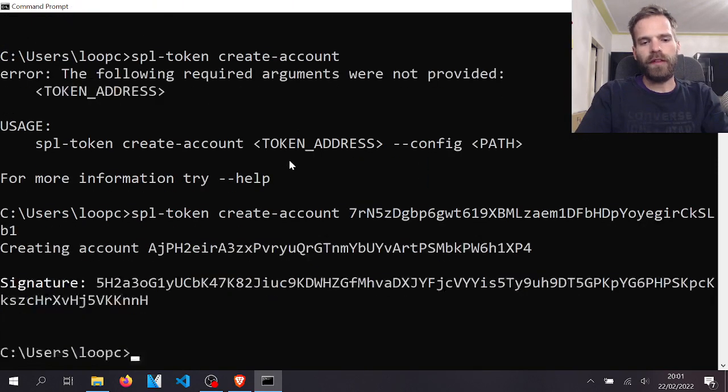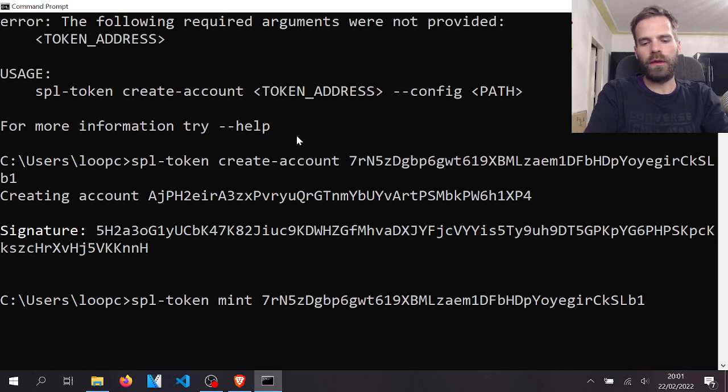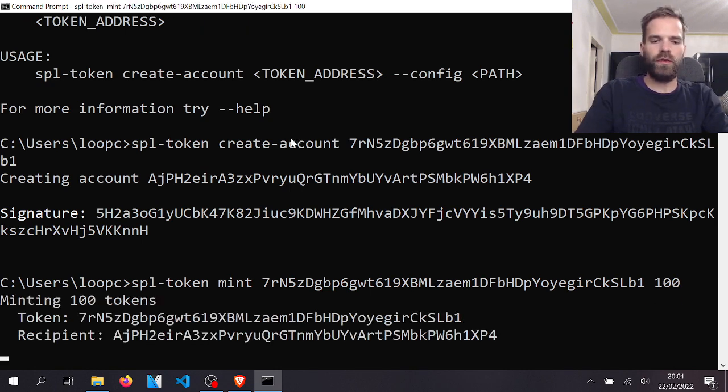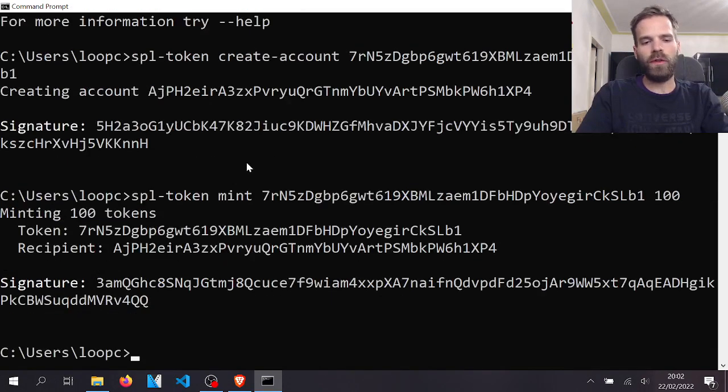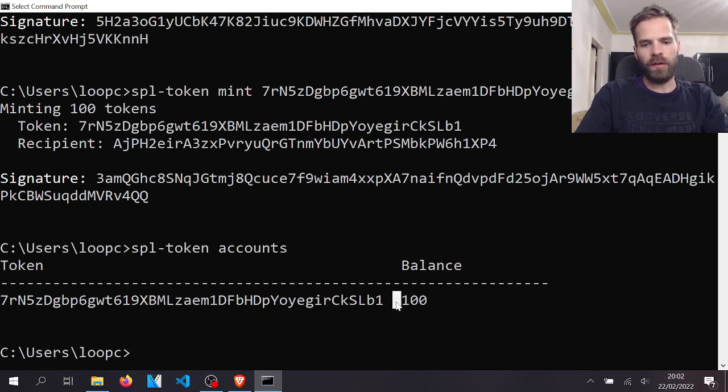And then when we have an account, we can say spl-token mint. With that token, we want to mint 100 tokens, use our associated token account, so that works. Then we have this account with 100 tokens. Okay, so far so good.